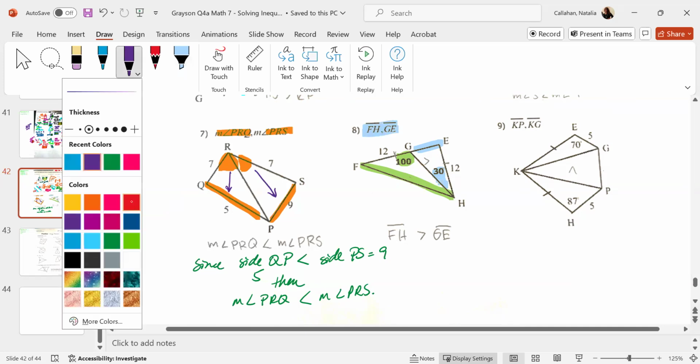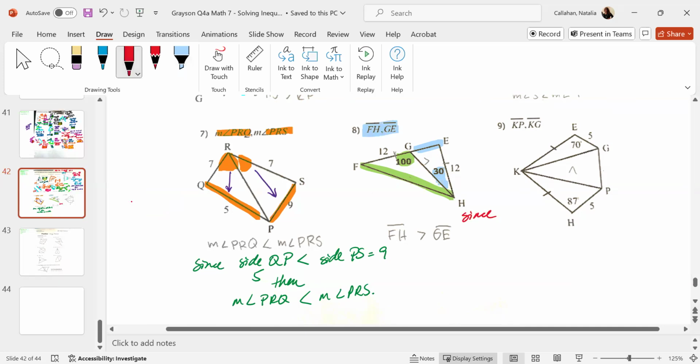You could say since measurement angle FGH, which is 100 degrees, right, is greater than measurement angle, this angle is EHG, you need to practice writing those down. Do you understand? Which is 30 degrees. Then you could say FH, which is the side, right, is greater than GE, okay?